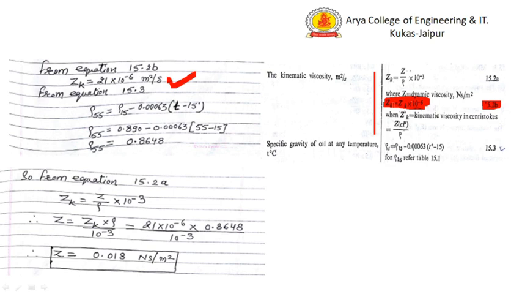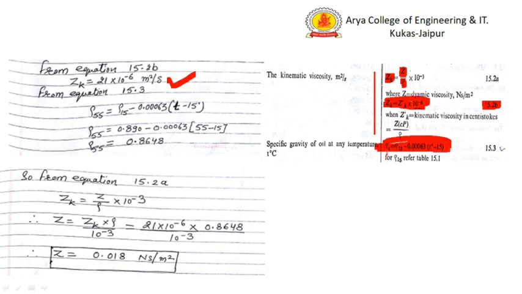Now from ZK we can calculate the value of Z. Z is equal to ZK multiplied by rho divided by 10 raised to minus 3. First we have to find the value of rho, for temperature 55 degrees centigrade. We can use equation 15.3 to find the specific gravity at any temperature.